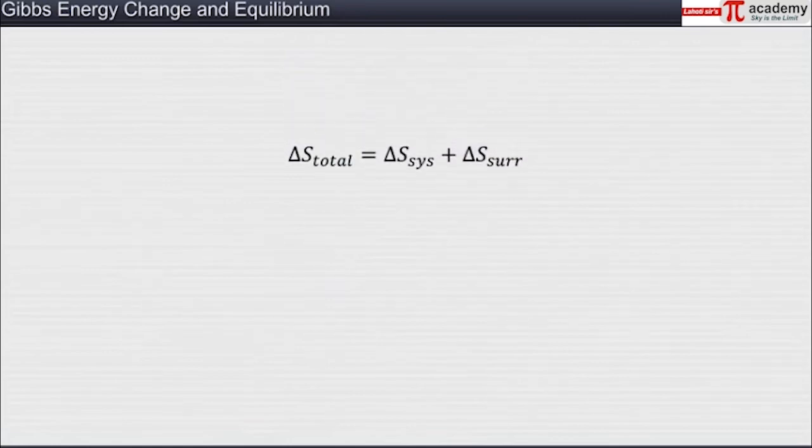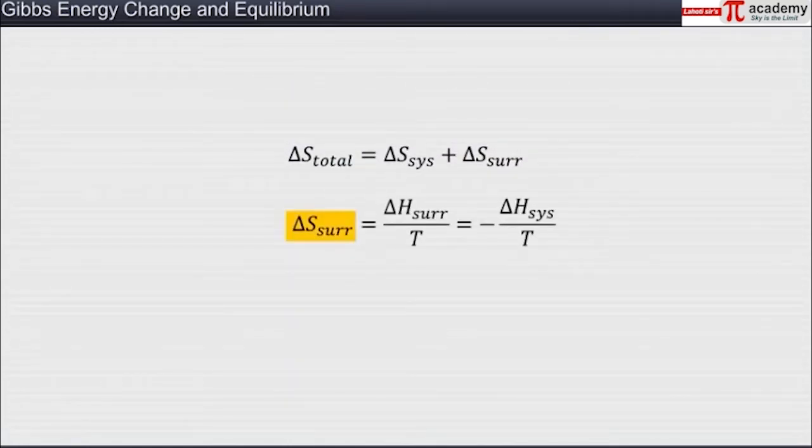Thus, the entropy change of the surroundings, delta S surroundings, will be equal to enthalpy change of surroundings divided by temperature, which is equal to minus enthalpy change of system divided by temperature.